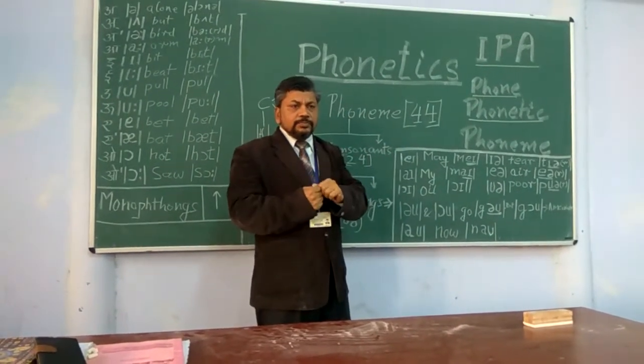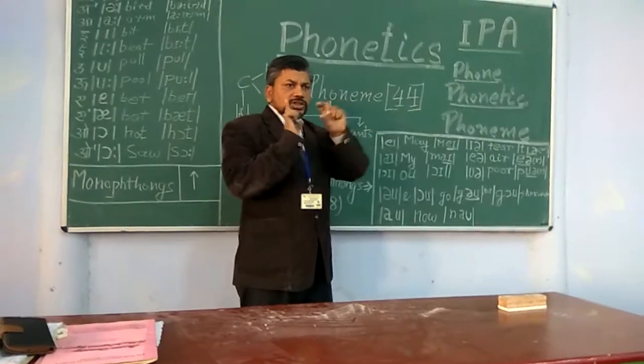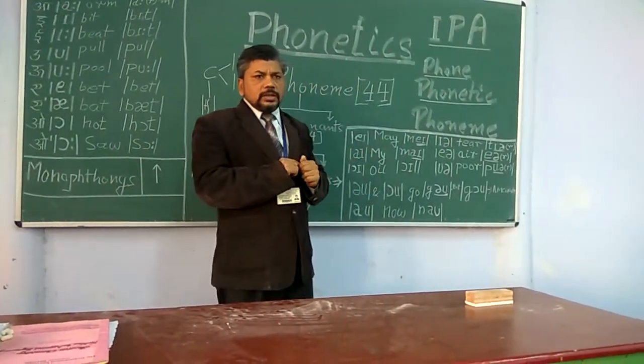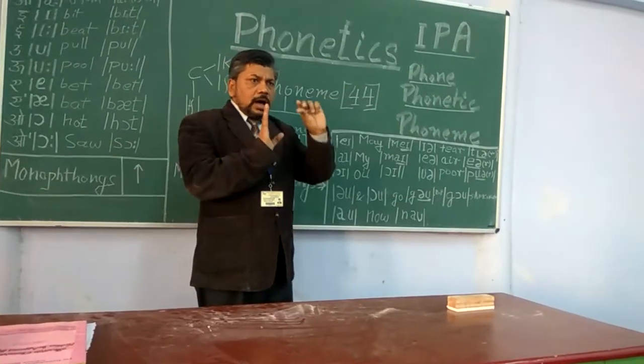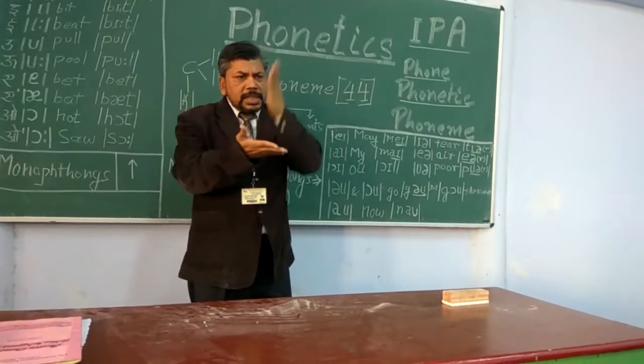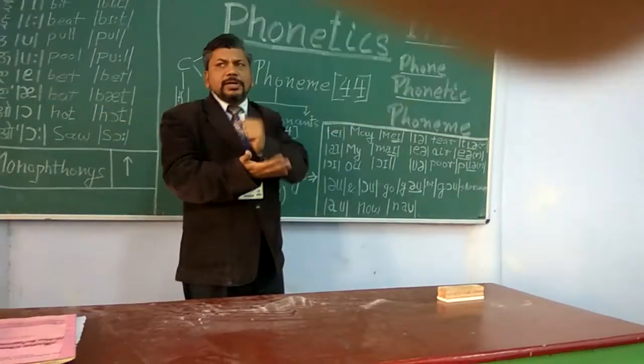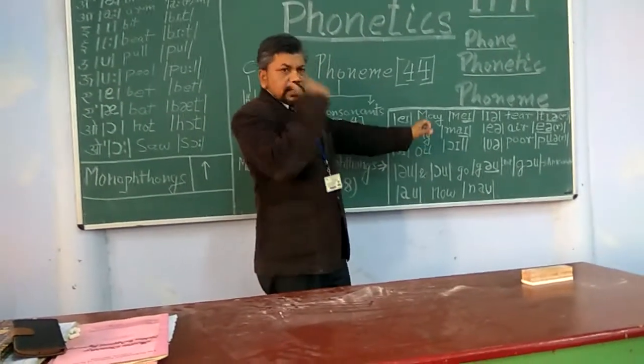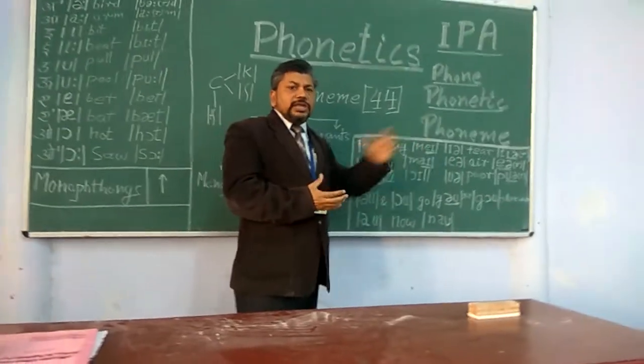As in Hindi, आओ, जाओ, खाओ, there are A and O, two separable vowels. But here it is as a unit.